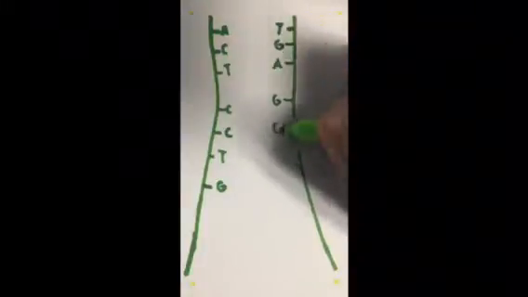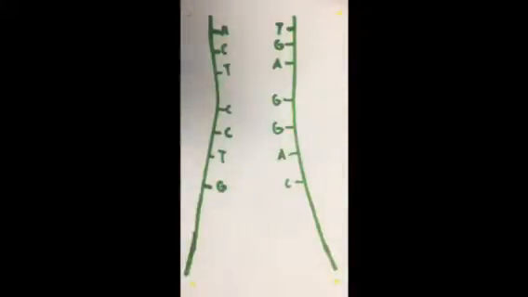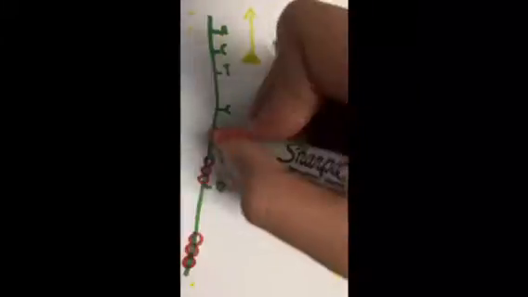This is DNA replication. DNA replication occurs in the nucleus of a cell. This is the helicase. The helicase acts as an unzipper. These are SSB proteins. They separate and keep everything apart.